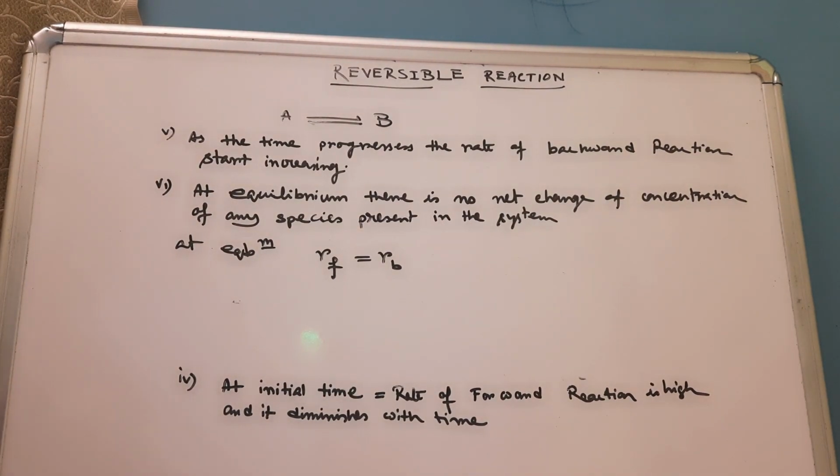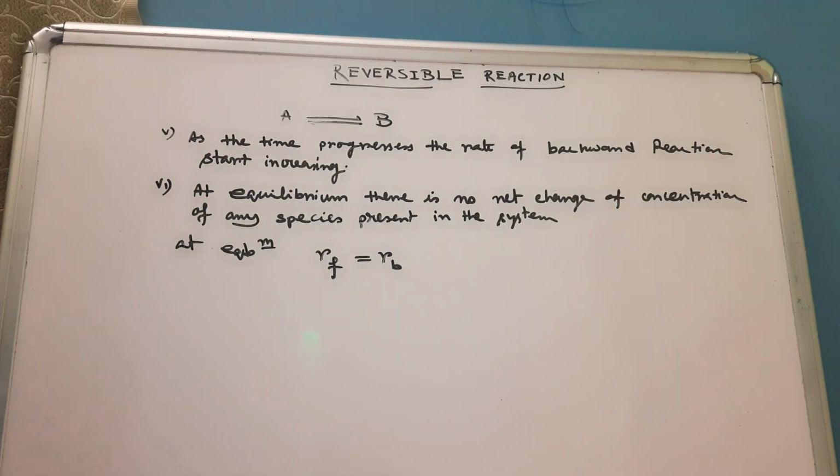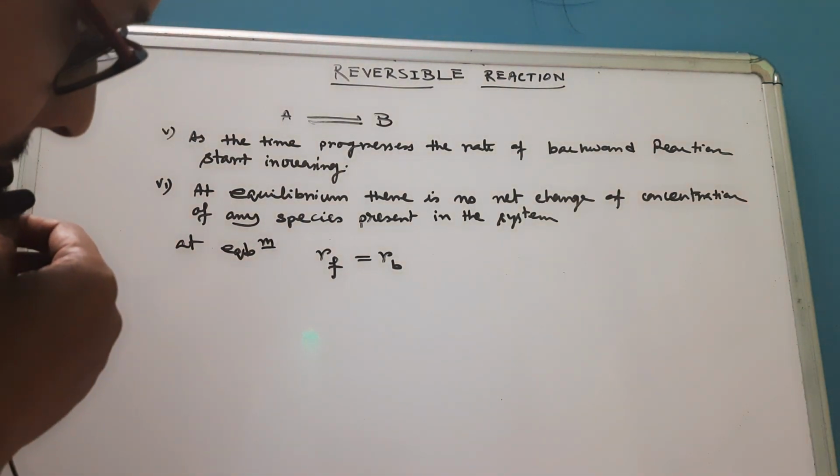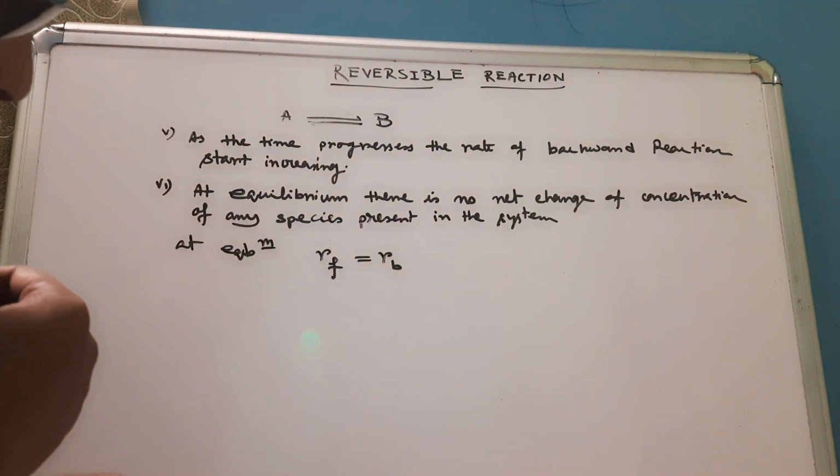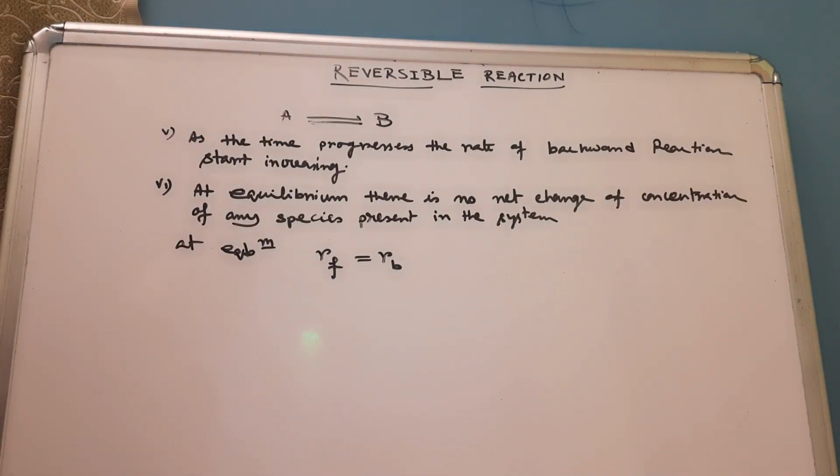Actually, it does not mean that at equilibrium no species are being formed or no species are being destroyed. It doesn't mean that. But at equilibrium the formation of the species as well as the destruction of the species occur in a simultaneous way with equal rate.